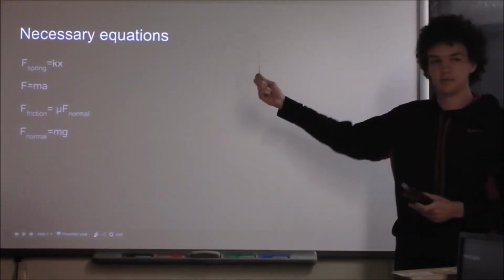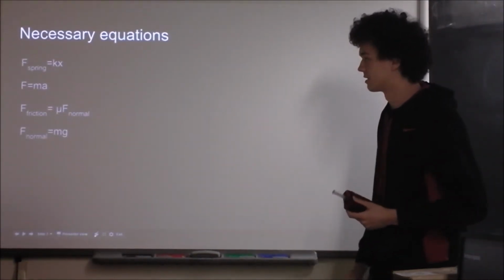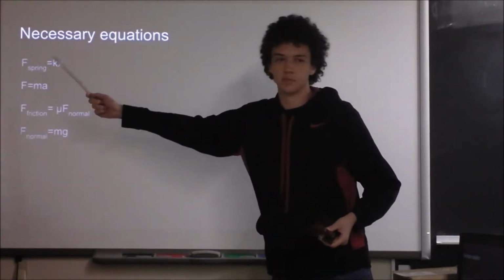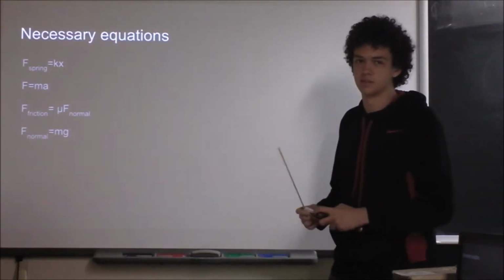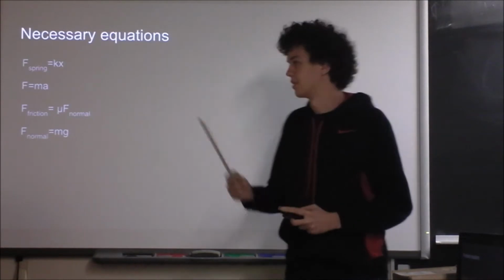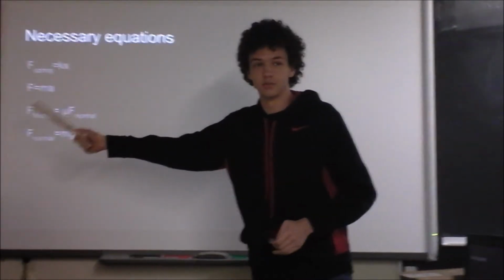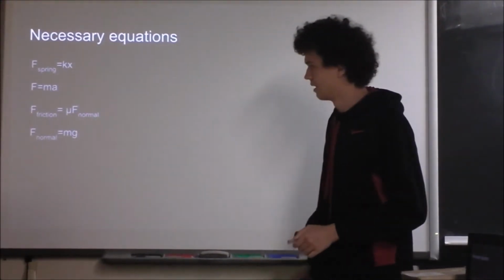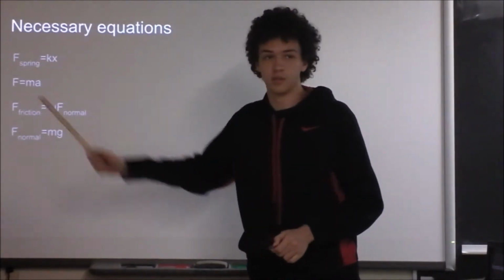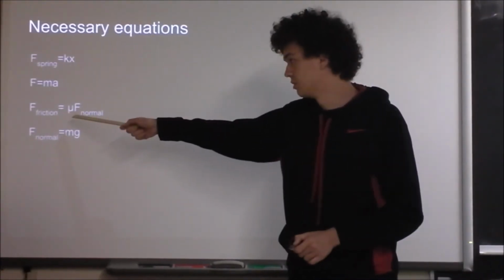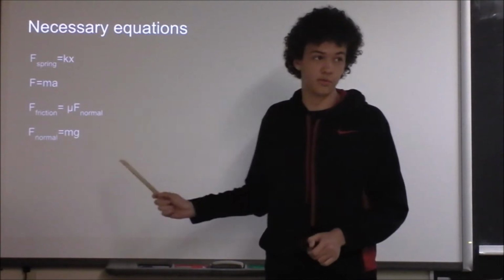So here are the equations that I had to use. The force of the spring is equal to the spring constant times how much it's compressed. Force is equal to mass times acceleration. The force of friction is equal to mu times the normal force.